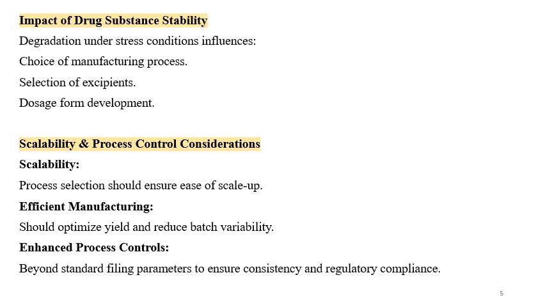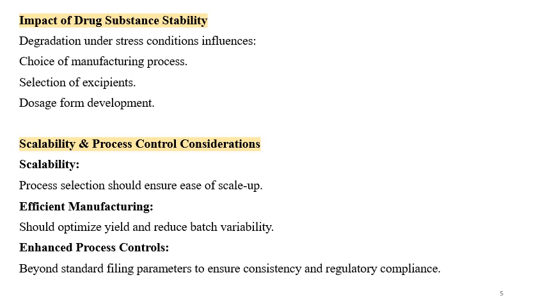You can use IPA, acetone, methanol, ethanol. So these non-aqueous or organic solvents can be used. You can use the low moisture grade excipients and you can make the process and product stable.